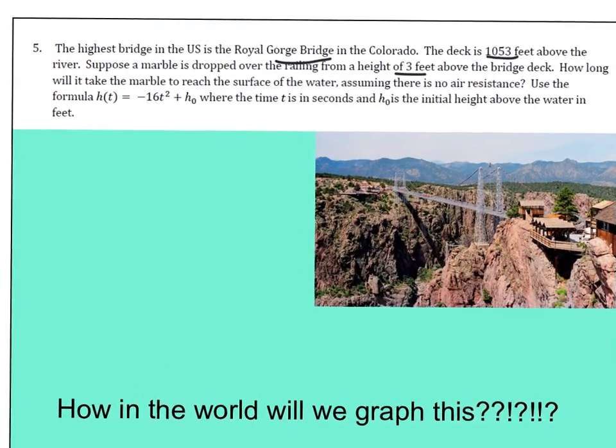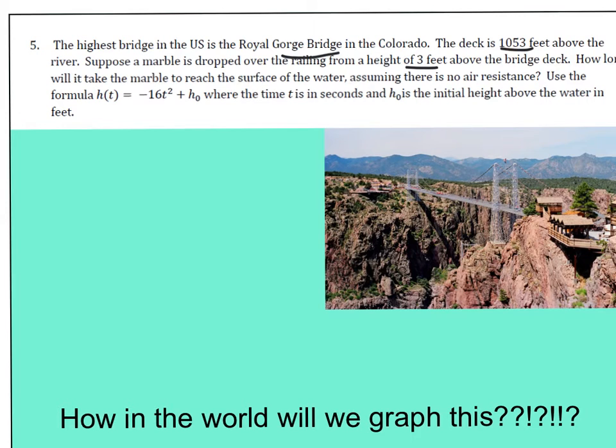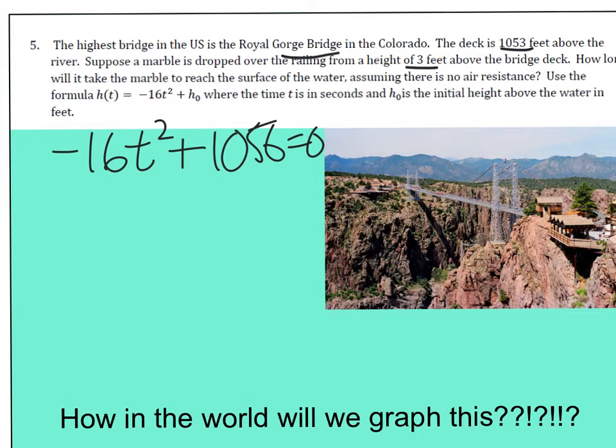So, negative 16t squared plus 1056, how long does that take to equal 0? Well, first thing I'm going to do is divide everything by 16. 0 divided by 16 is just 0.